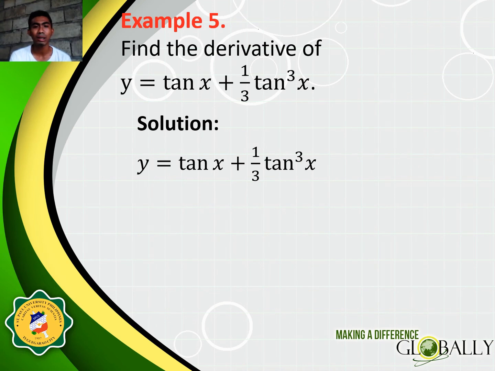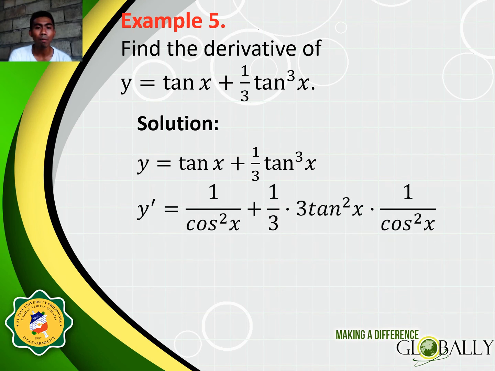Let's consider this example. Find the derivative of y equals tan x plus 1 over 3 tan cubed x. By applying the linear properties of the derivative and the power rule, we obtain y prime equals the derivative of tan x, which is 1 over cosine square x, plus 1 over 3 times the derivative of tan cube x, which is 3 tan square x.